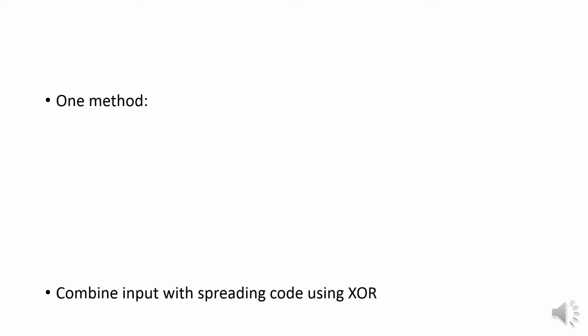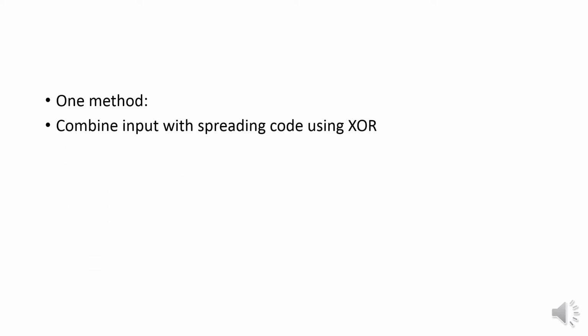One method of widening the bandwidth of an information bearing data sequence is to use modulation. The data sequence b(t) is used to modulate a wideband pseudo noise sequence c(t). By applying these two sequences to a product modulator or multiplier, we get a combined output of the input bit with the spreading code using XOR.